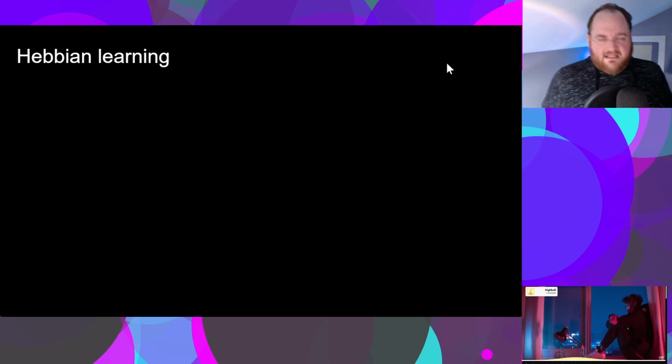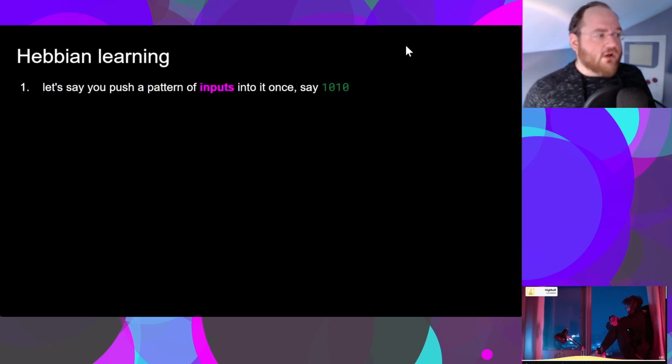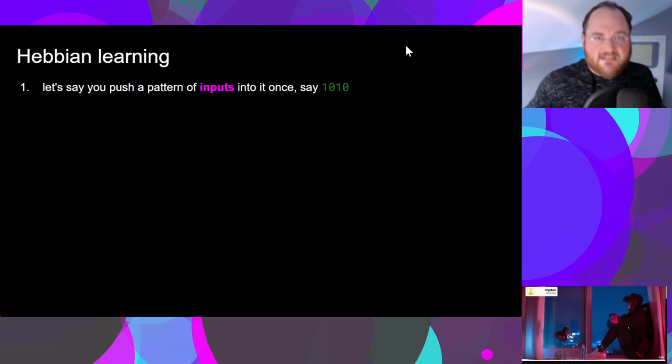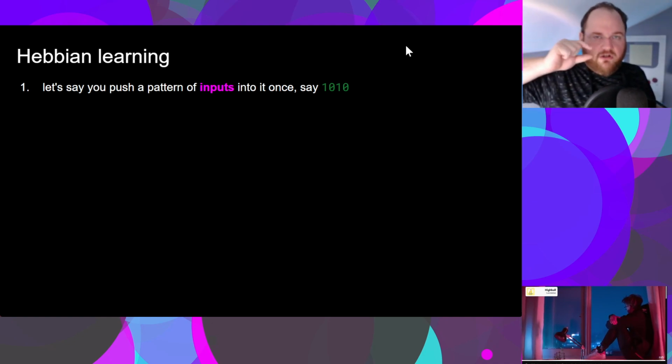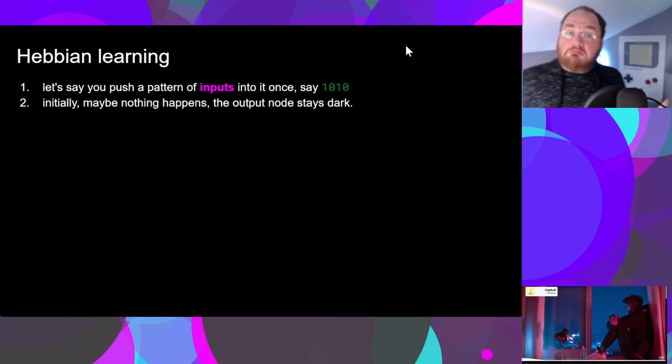Let's walk through this process. How does this actually work at this level of a simple network? So, let's say you push a pattern of inputs into it once. Let's say 1 0 1 0. The first node and the third node are going to fire off, right? Initially, like we were talking about a moment ago, maybe nothing happens.